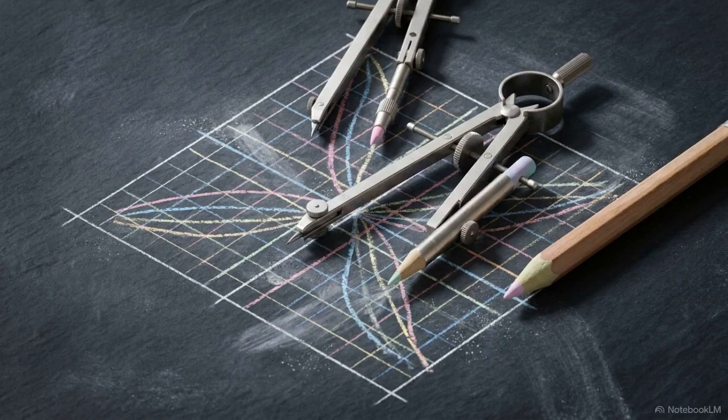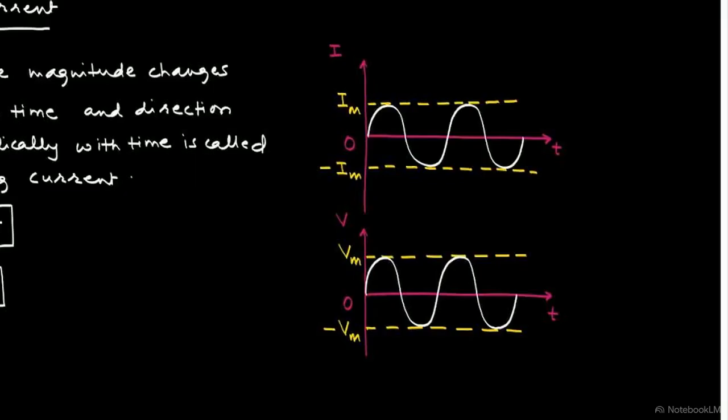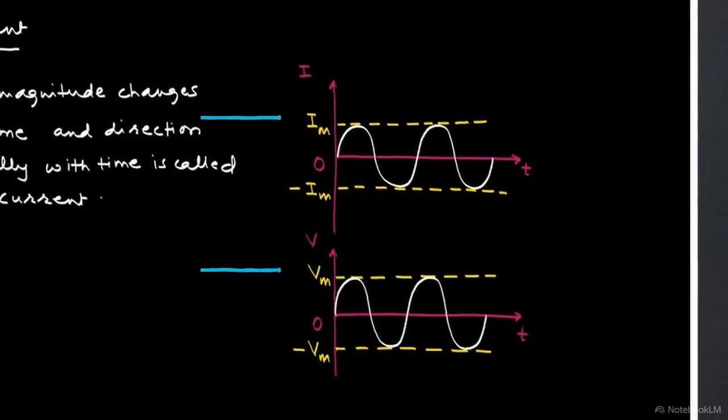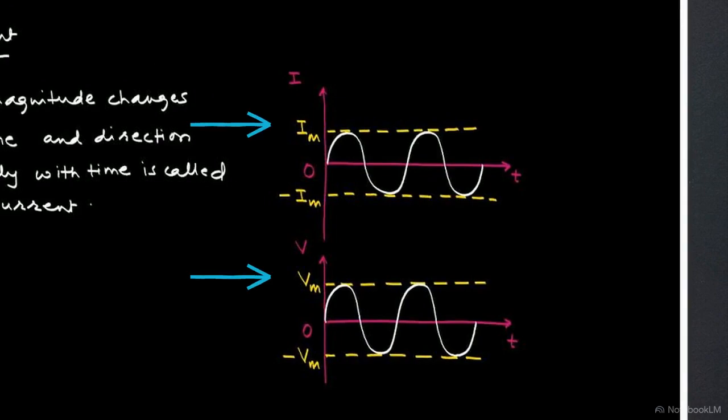We can see how this mathematical model behaves in physical reality by plotting these formulas on a graph. These side-by-side charts graph both the current, I, and the voltage, V, over time. Notice the dashed lines at the top matching our maximum peak amplitudes, Im and Vm, mapping exactly to the physical crests.